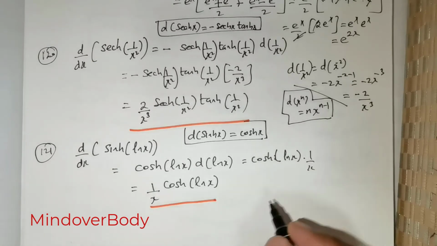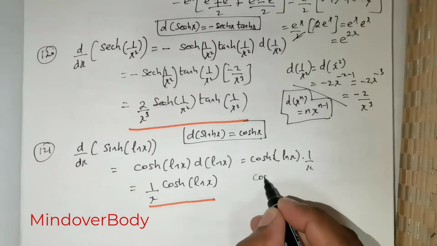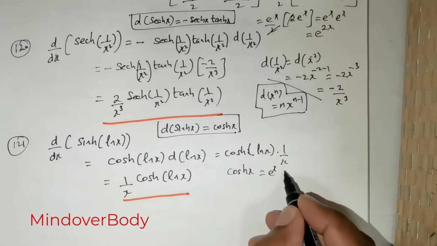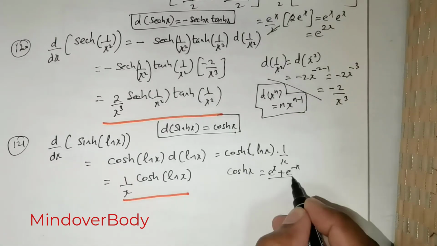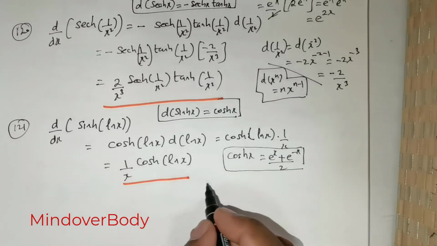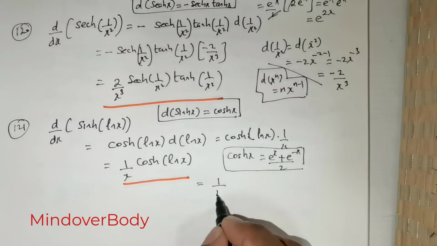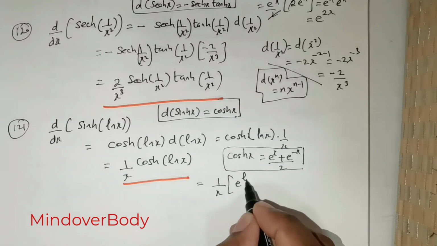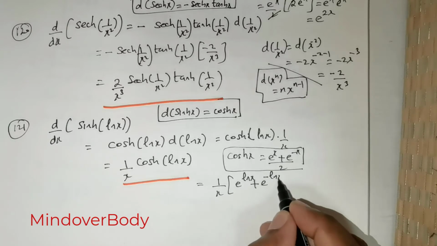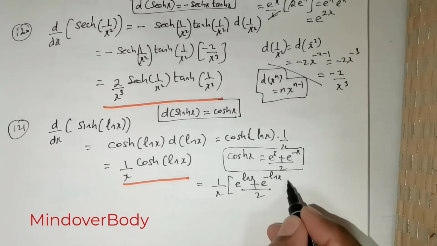Now if in case you're not happy with this, then you can still reduce it by using the cosh formula, which is (e raised to the power of x plus e raised to the power of negative x) over 2. So what I wish to do is substitute this outcome. So this is going to be 1 over x times (e raised to the power of ln x plus e raised to the power of negative ln x) divided by 2.